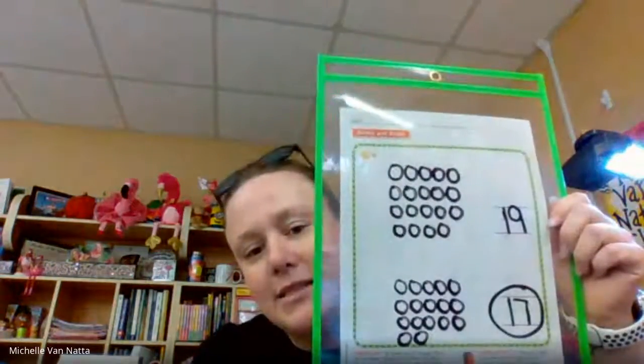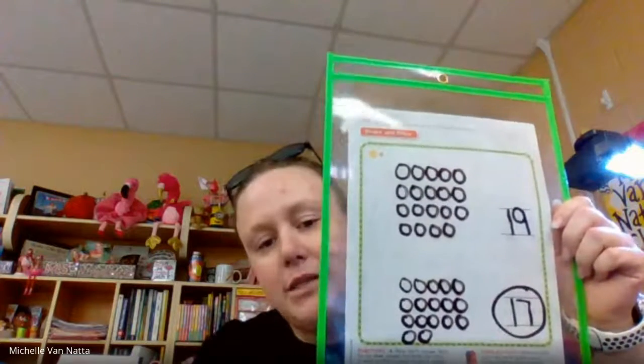Now it wants us to compare them. Which set is smaller? Is it 19 or 17? 17. Go circle 17. That number is less. All right, go ahead and turn the page.